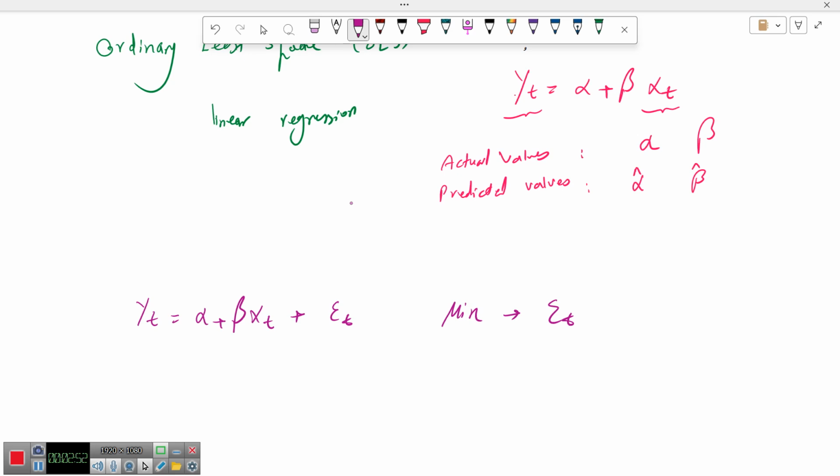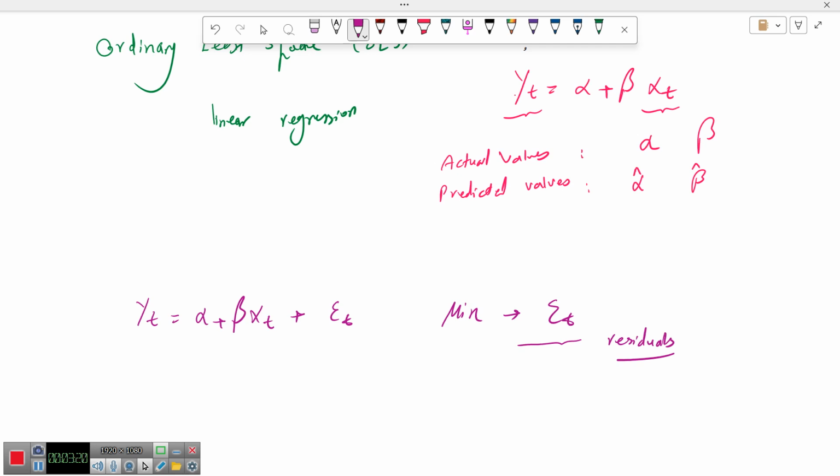The difference between the actual values and the predicted values is called residuals. OLS aims to find the best fitting line by minimizing these residuals, which means finding the line that makes the prediction as close as possible to real data.